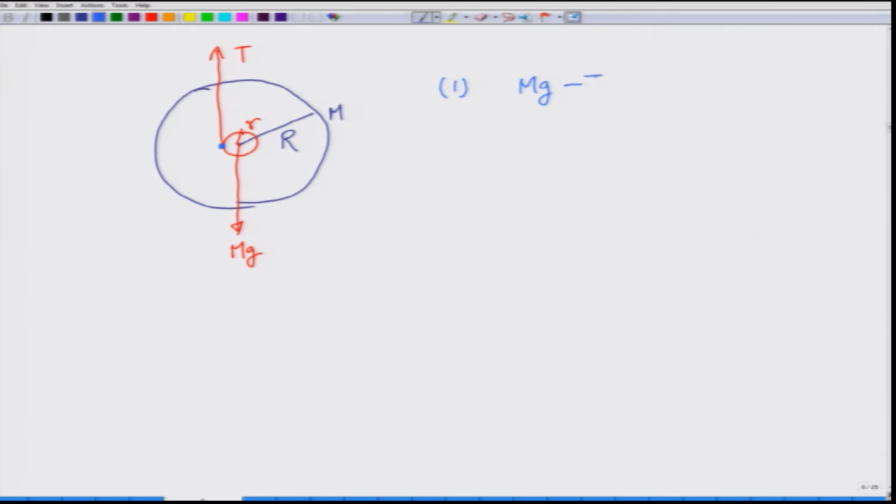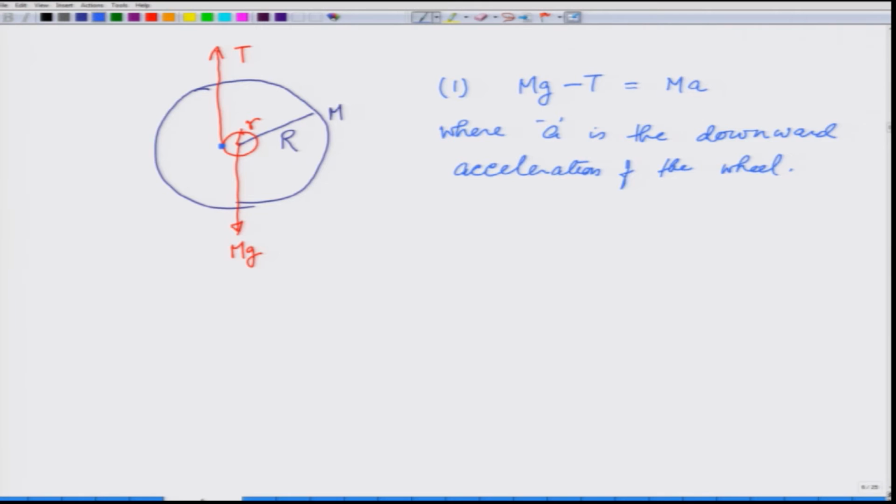So, the equations that I have are, one, mg minus T is equal to ma, where a is the downward acceleration of the wheel.